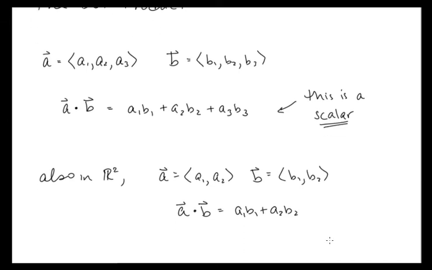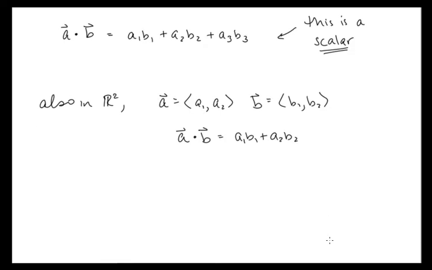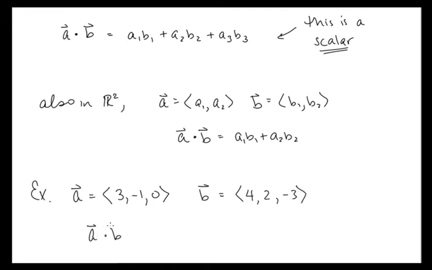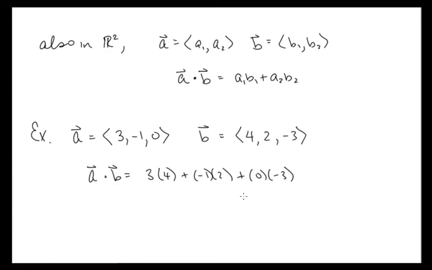But first, let's take a look at a couple of examples. If a is <3, -1, 0> and b is <4, 2, -3>, then let's find a dot b. It's going to be 3 times 4 plus -1 times 2 plus 0 times -3.